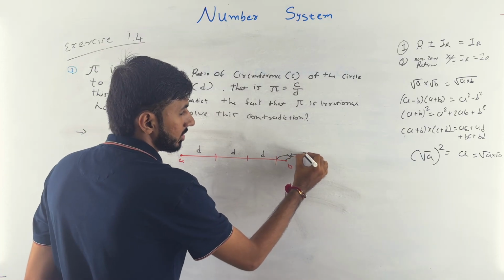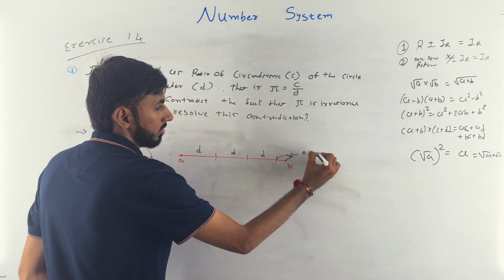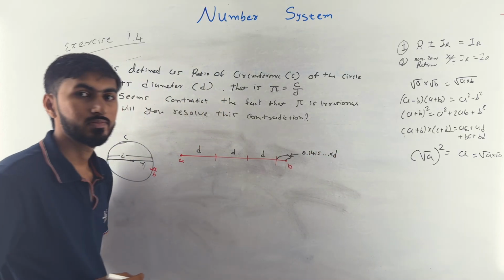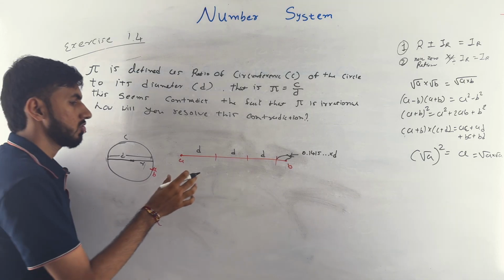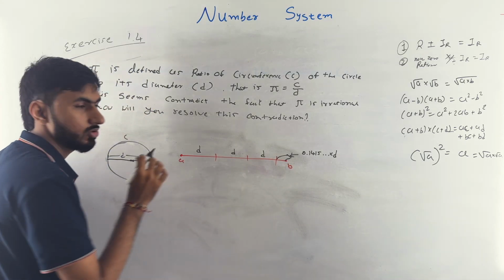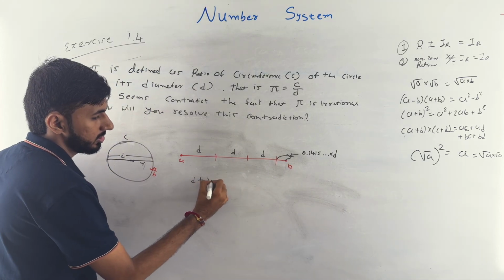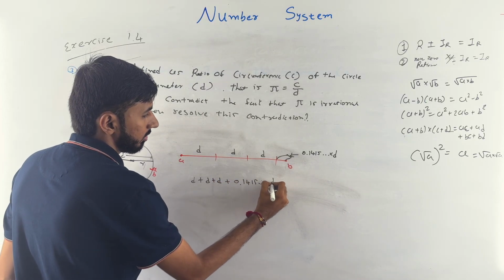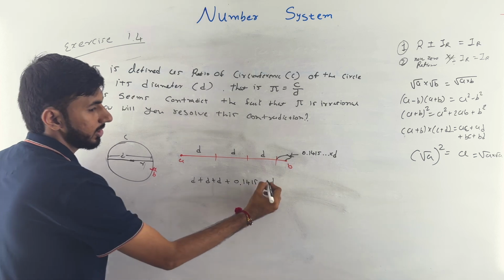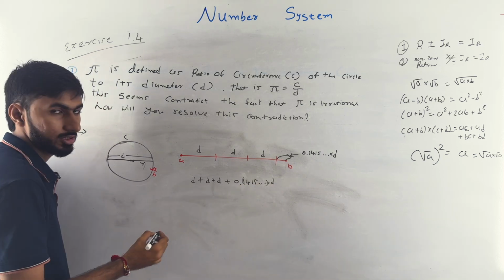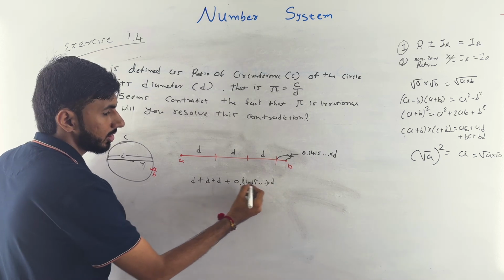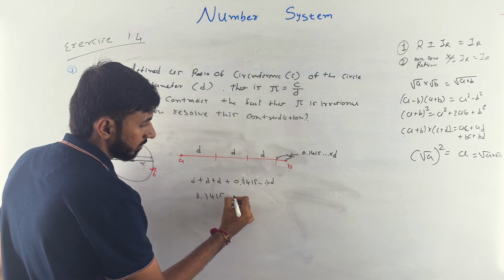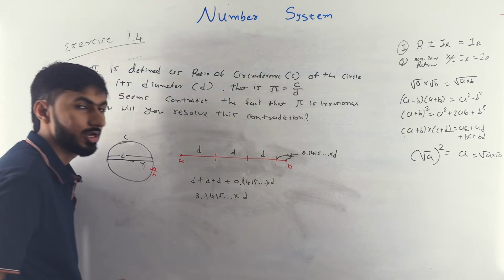This part is exactly 0.1415 multiplied by d. So if I put all this together, d plus d plus d plus 0.1415 and so on, multiplied by d, right? So if I add this, 1, 2, 3 times, it will become 3.1415, and it goes on, multiplied by d.